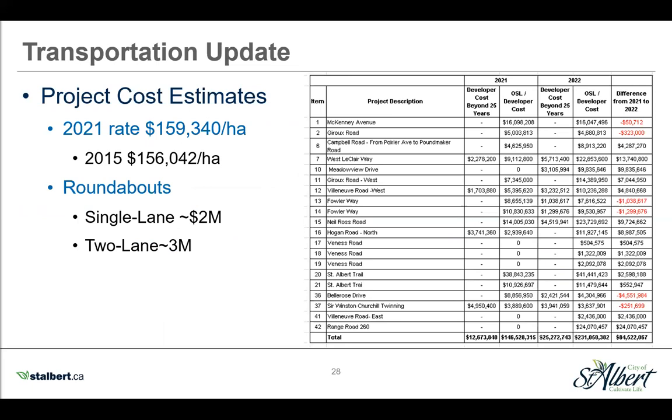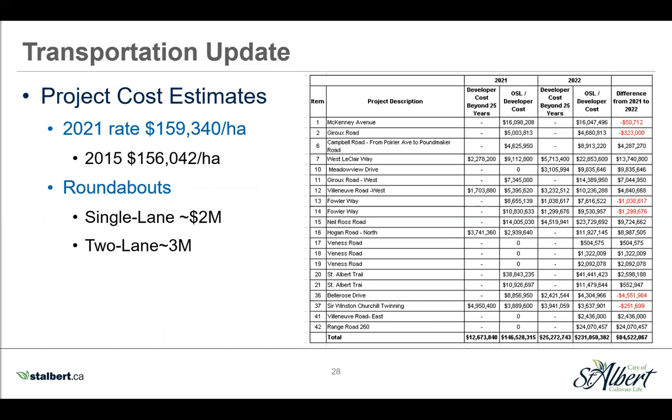So this is just a table I provided that shows the projects that changed and how they changed. It is interesting to note that last year's transportation levy was similar to the levy that was in effect in 2015. And in 2015, the rates included projects 10 and 11, which had their costs removed from the model in 2016. But project 11 was brought back into the levy last year, and project 10 is being added back this year.